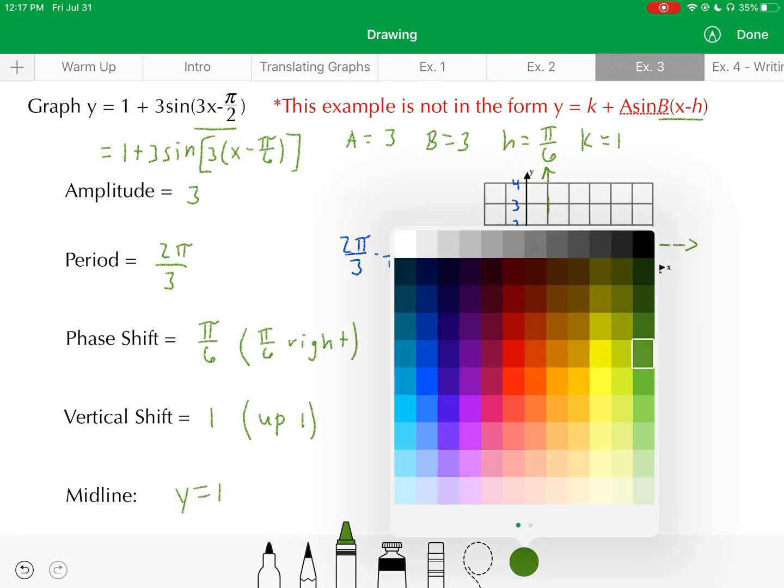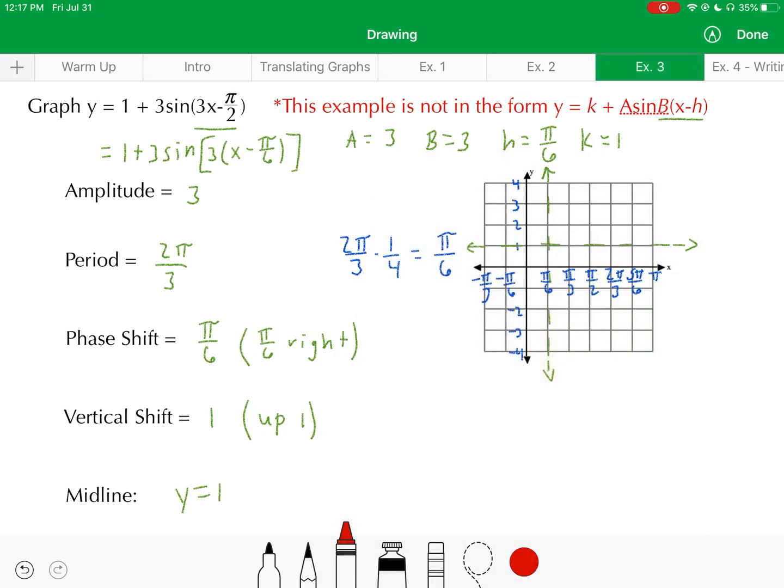And the sine function always starts at the origin, right? Its first point is at the origin. So we're going to place our first point at the intersection of those two lines. Then we're going to move 1/4 of the period to the right, which is 1 space in this case. And we're going to go 3 units up based on the amplitude being 3.